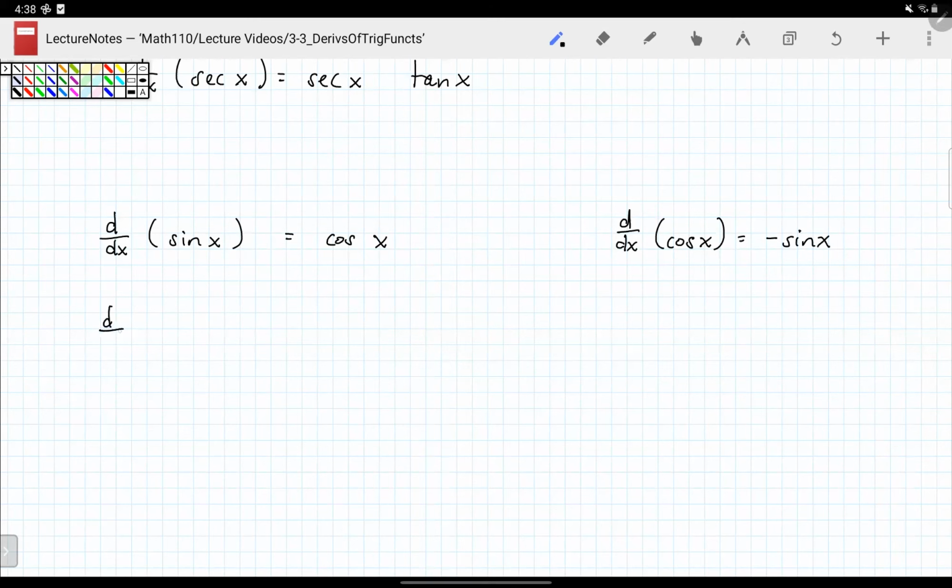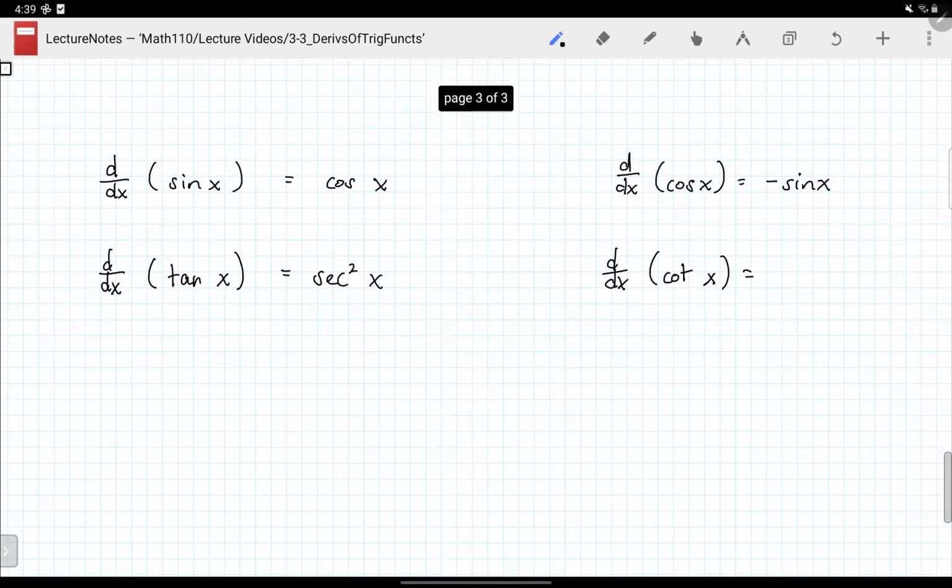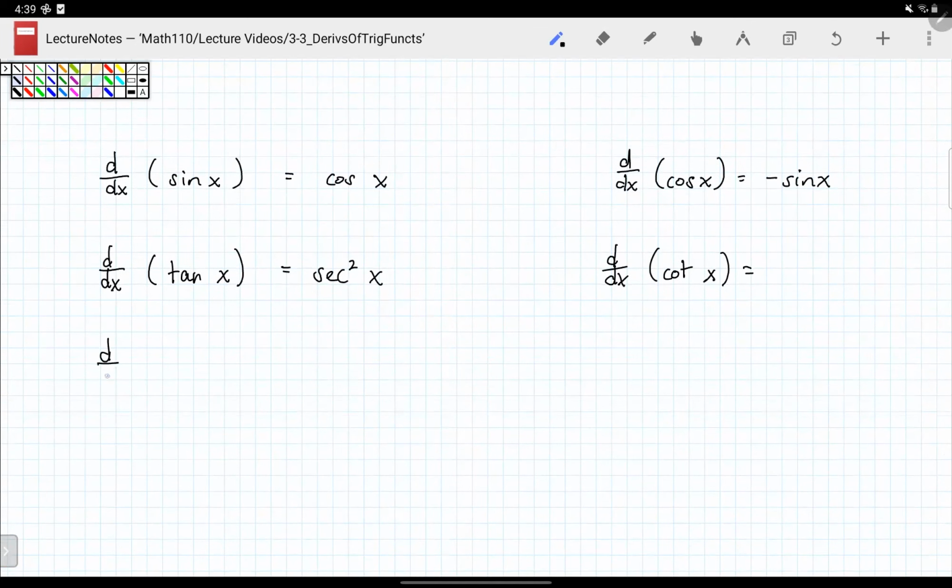The derivative of tangent of x is secant squared of x, and the derivative of cotangent of x I'm going to leave for a minute. The derivative of secant of x is secant of x times tangent of x, and the derivative of cosecant of x I'm going to leave for a minute.